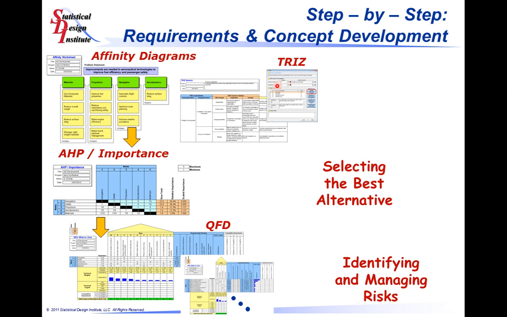The TRIZ process is facilitated by this template that allows you to define what the contradiction is or the problem is you're trying to solve, identify the improving and degraded features that are presented within this design problem or design contradiction, and then evaluate the various design parameters and innovative solutions that can be used to come up with a solution to this set of conflicting requirements.